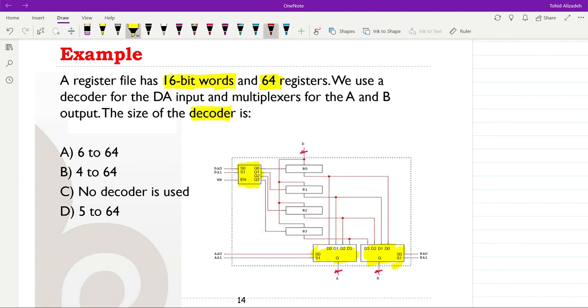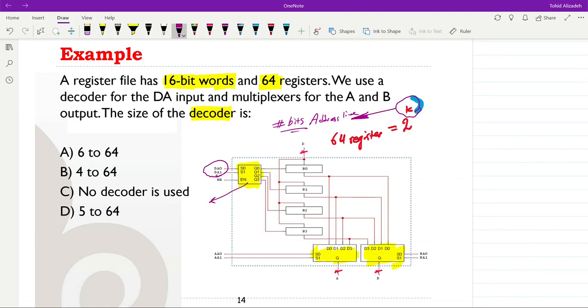Okay, for A and B output, we are going to use multiplexers, and the question is the size of the decoder. Since we have 64 registers, which is equal to 2 to the power of k registers, if we find out the value of k, it will determine the number of bits for our address line, and this number of bits for our address line will be indeed the number of inputs to our decoder.